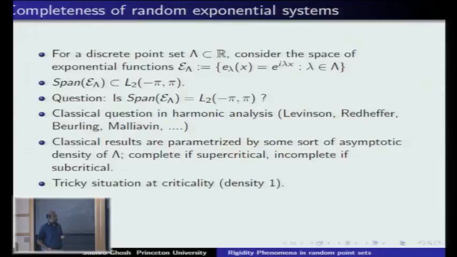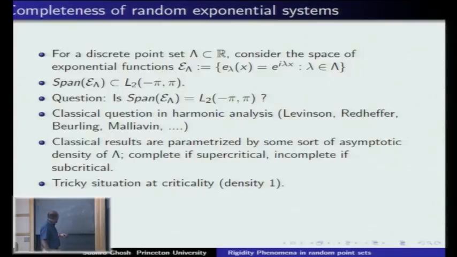Now the question is what happens at density 1, and at density 1 it is a little bit of a tricky situation, because for example, if lambda is equal to Z, this is complete, but if lambda is equal to Z minus the origin, this is no longer complete, right, because this is a Fourier basis.